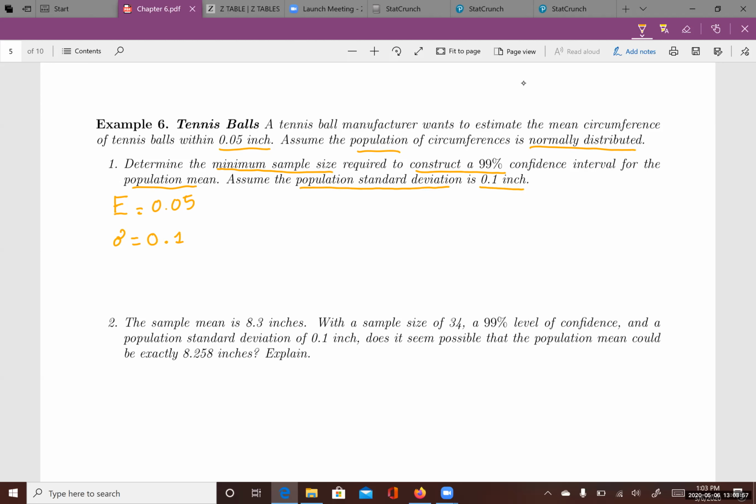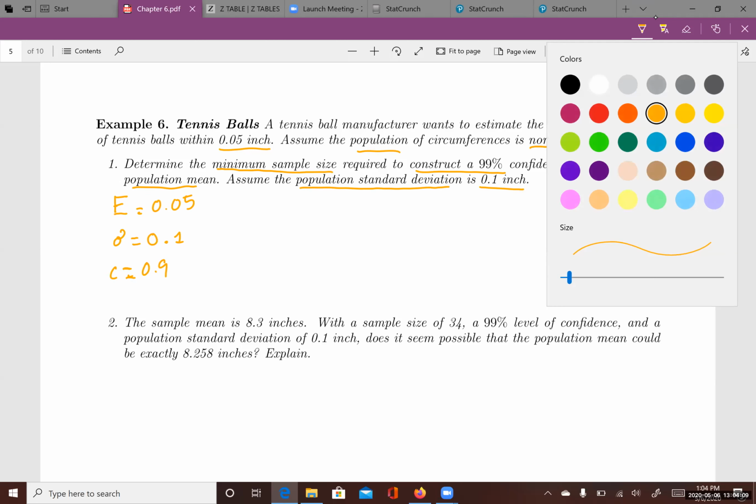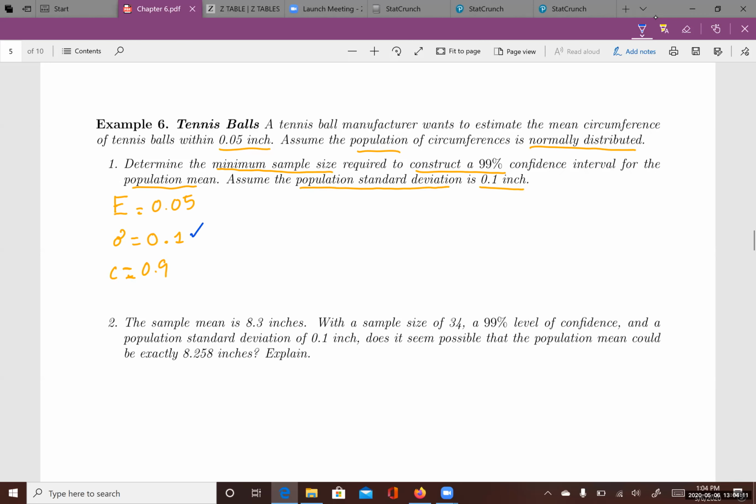We know C is 0.99. And the population is normally distributed, sigma is known, and the sample is random. Then we can go ahead and construct a 99% confidence interval and find the minimum sample size.